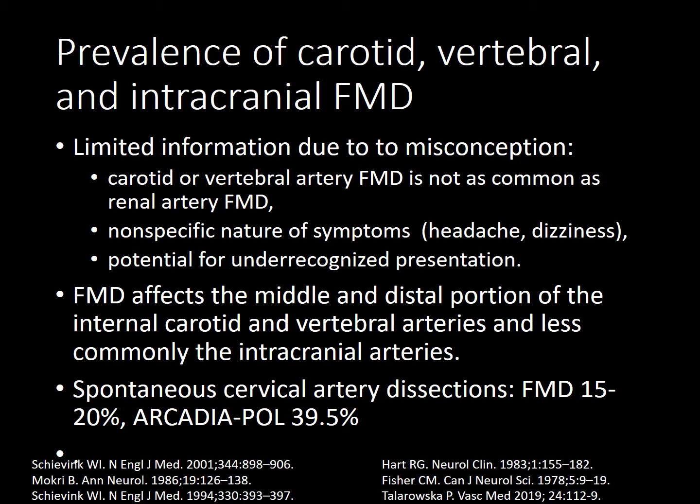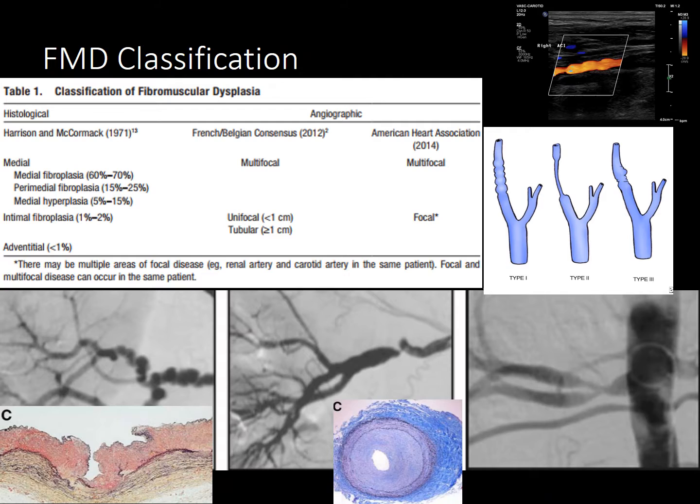As I already mentioned, FMD affects the middle and distal portion of the muscle arteries like the internal carotid and vertebral arteries, and less commonly the intracranial arteries, which are more frequently affected in children. In a population with dissection, FMD was present in up to 20% of patients, but in Arcadia, in up to 40% of patients.